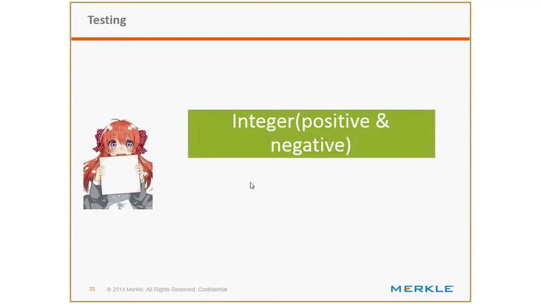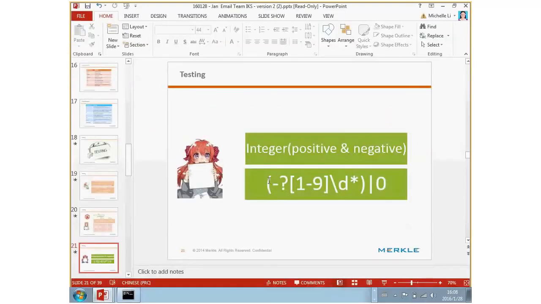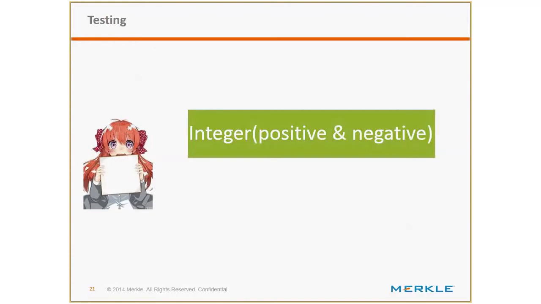Sorry, I gave the answer. It's also a question. I want you to write a regular expression which can match an integer, whether positive or negative. Does anyone have an idea?